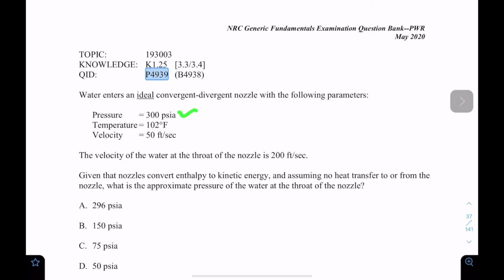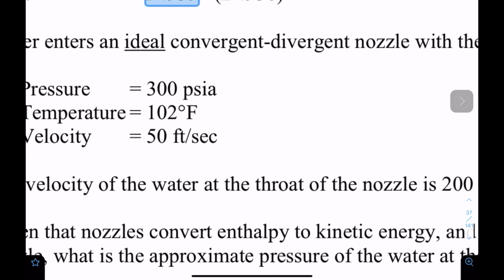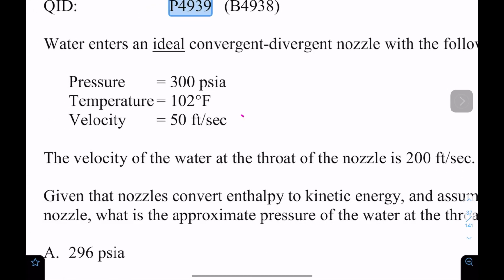They're giving me pressure, temperature, velocity, and also they give me the velocity of the water at the throat of the nozzle. Okay. And I have almost everything. So this is my velocity 1.